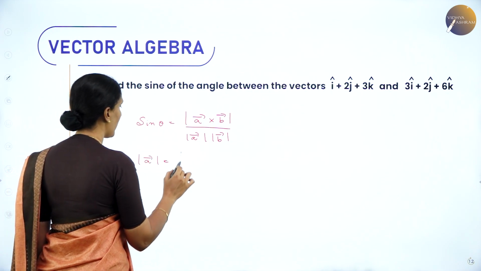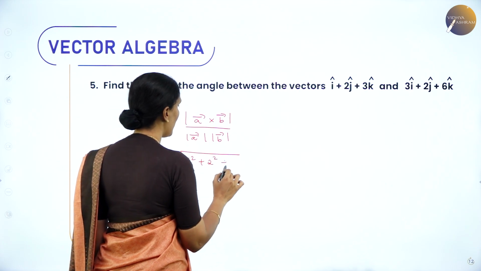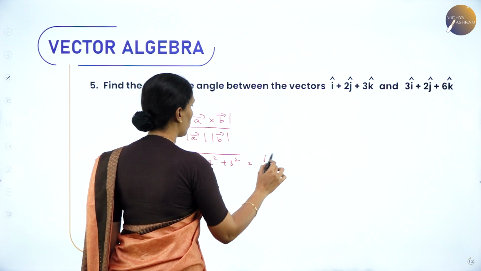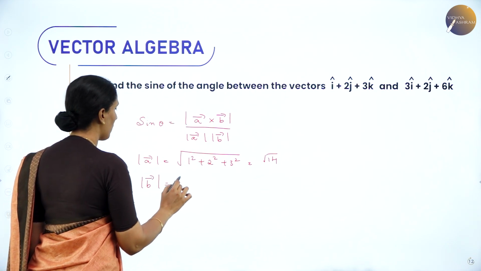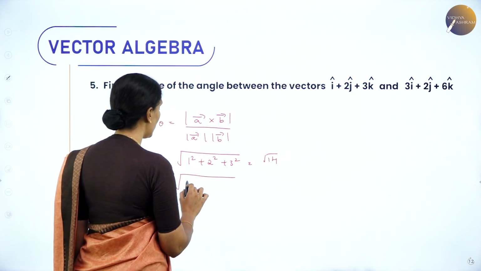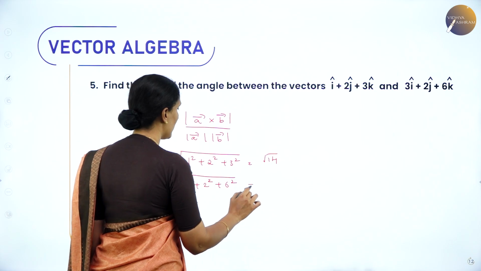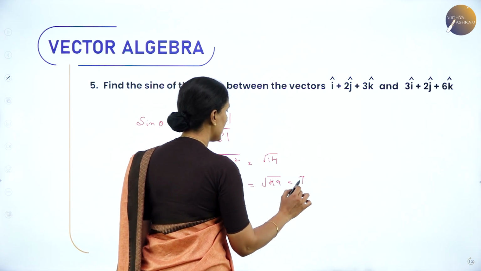Magnitude of a is the square root of 1 square plus 2 square plus 3 square, that is equal to root 14. Magnitude of b is the square root of 3 square plus 2 square plus 6 square, that is equal to root 49, which is 7.